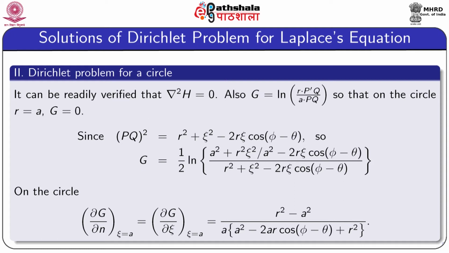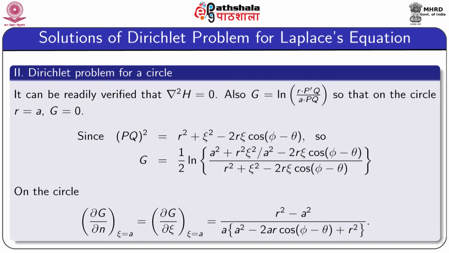For r equals a, the P dash Q becomes PQ. So, those two factors cancel out and the factor within the log becomes 1. That means the value of G becomes 0 on r equals a. Therefore, with this choice of G, it satisfies the condition G equals 0 on the boundary of the region.